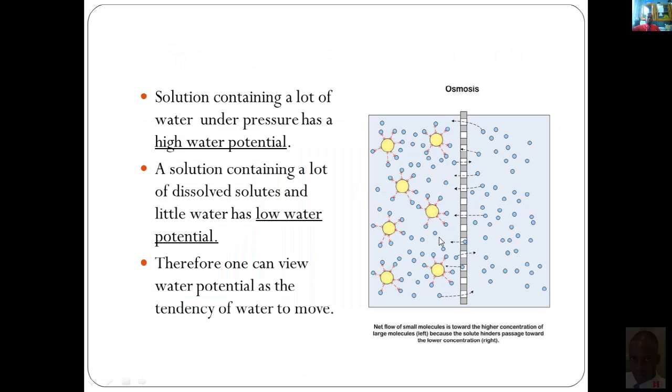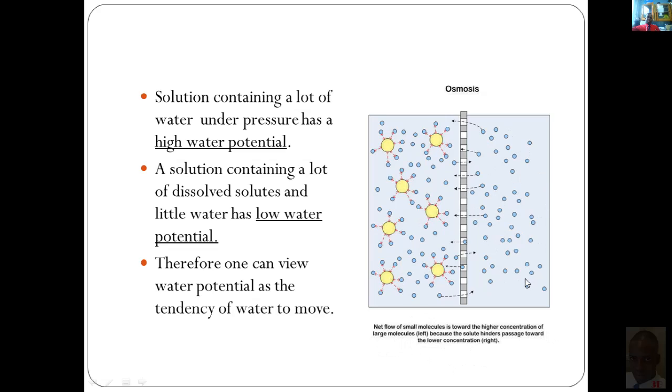if you look at this diagram to your, should be your right, not sure, maybe your left, right? So here we have some solutes. This could be sugar, it could be salt, whichever. And over here we have pure water. Good.